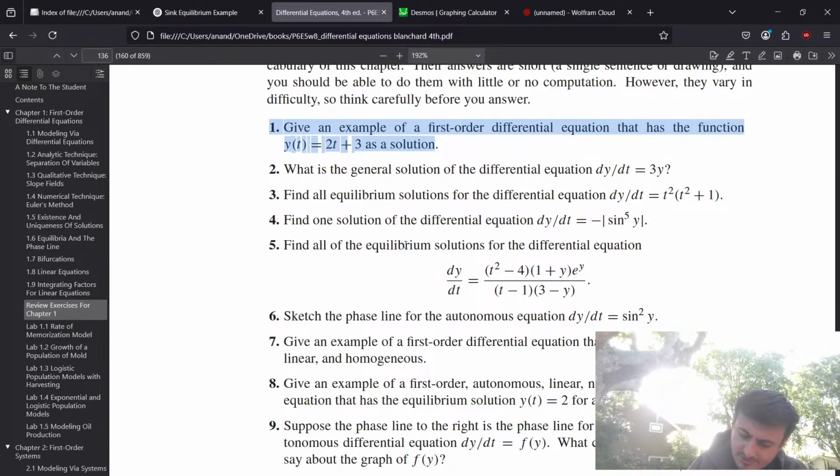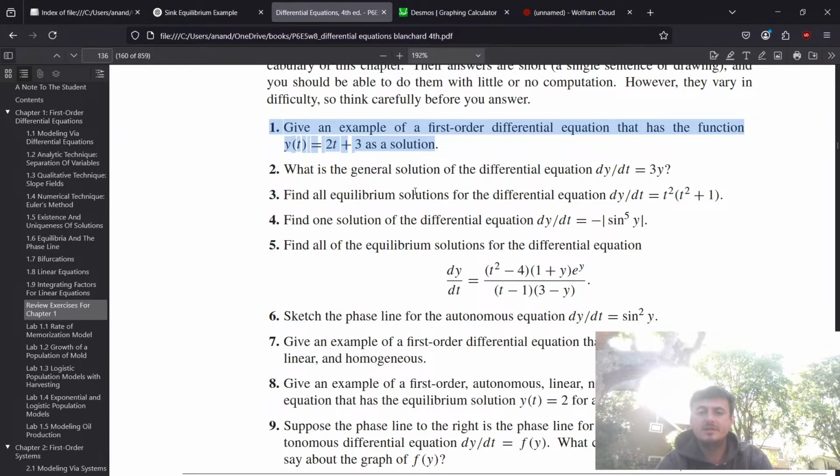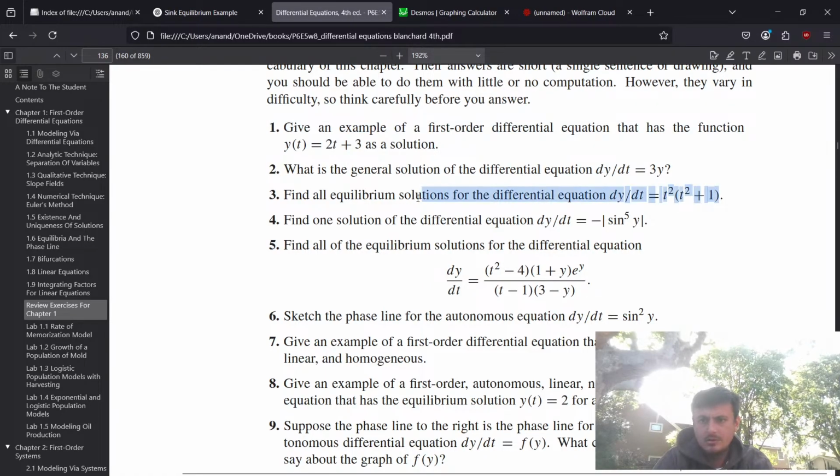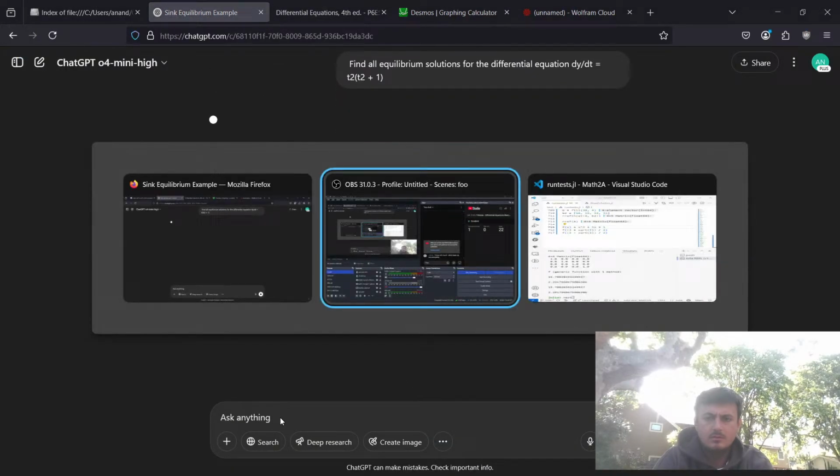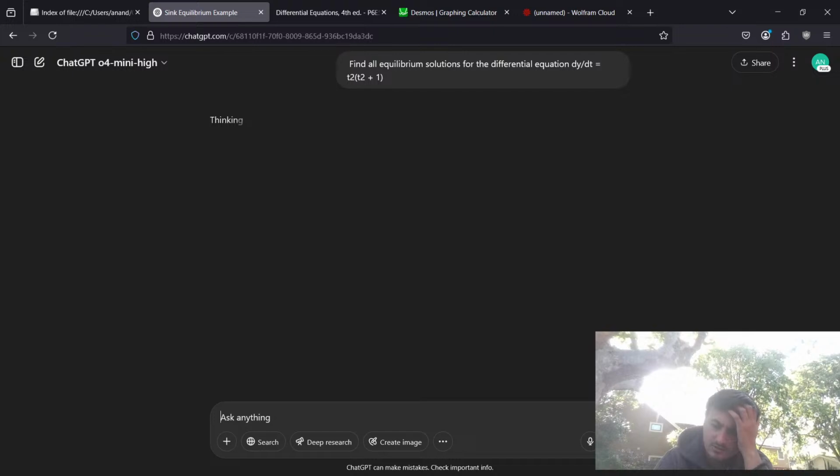So the equilibrium solution is going to be y of t equals 0. No, I don't know how to specify this. How do you specify this solution?